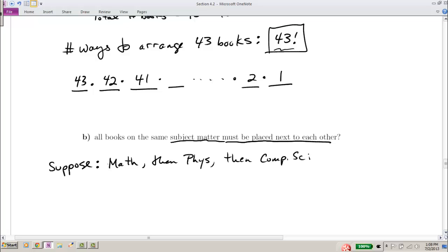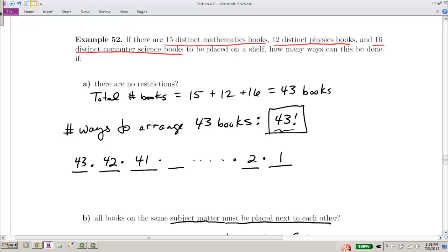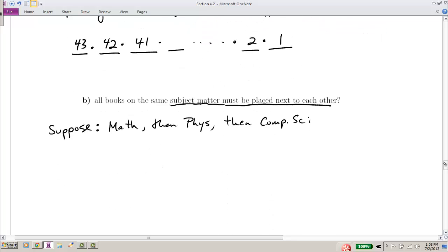Right, so for my math books, once I place those first, well, I've got 15 math books. So the number of ways I could place the math books would be 15 factorial.